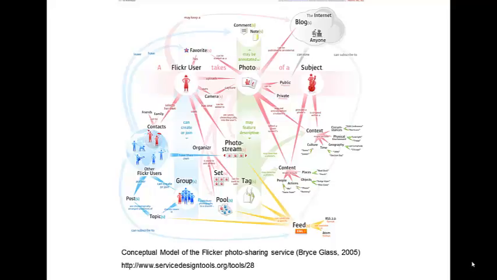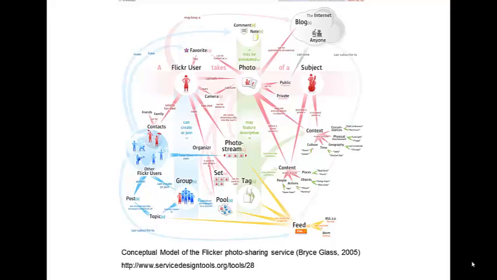And while this is not actually a logical model that was drawn up and then used to build the Flickr photo sharing service, this is actually an example of retro-engineering where the Flickr service has been decomposed by Bryce Glass, who has gone through the Flickr API and how the objects of the Flickr service relate to each other, and drawn this diagram to depict those relationships between these objects after these objects have been implemented and released by Flickr.